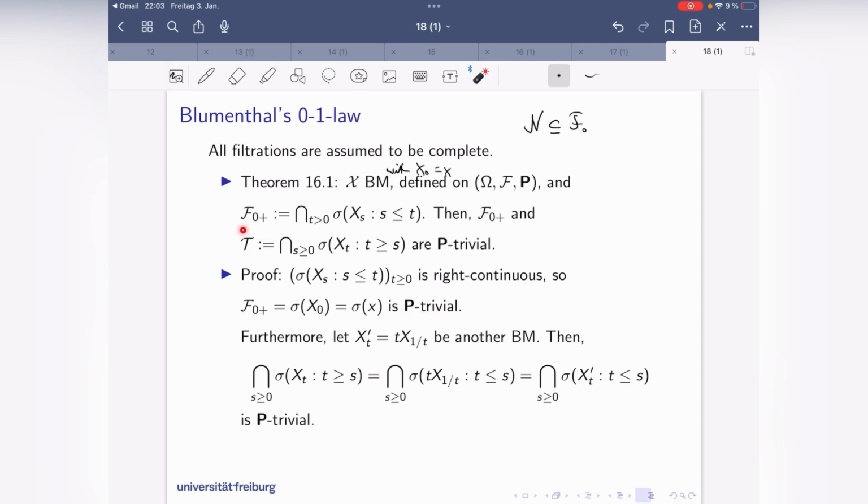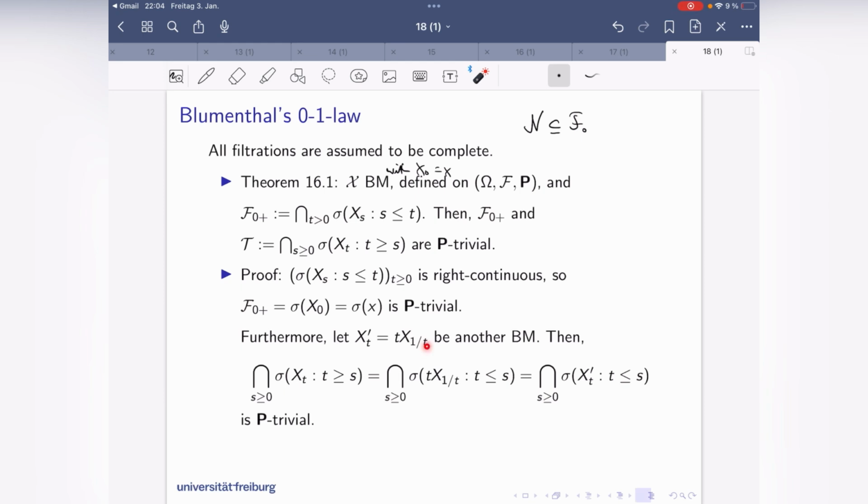For the tail sigma algebra, there's a nice trick how to come to this conclusion. Maybe you remember that if xt is a Brownian motion, then also t times x index 1 over t is also a Brownian motion.